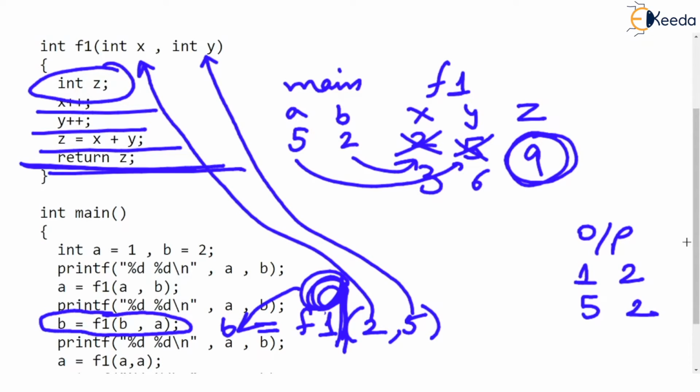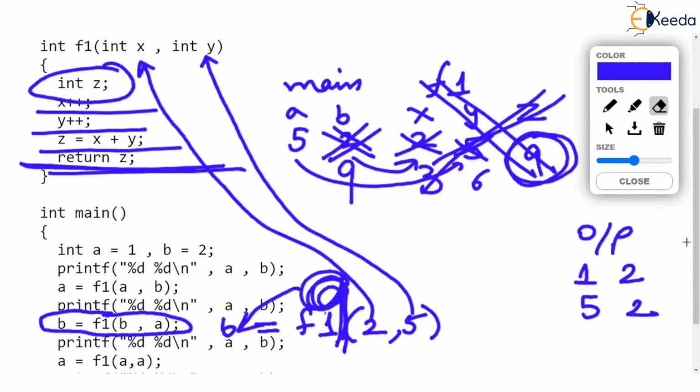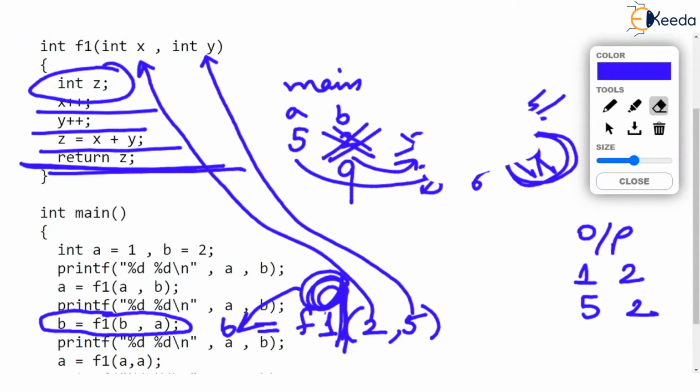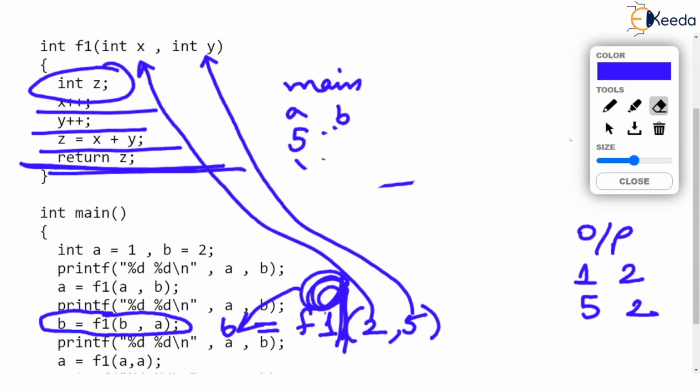That means in main, look at the table now. In main, I am updating B as 9 and the function is finished. Function is over. So it deletes all its local variables and local parameters. It's time to again clean a few things that your teacher has scribbled on the screen. As usual, the habit goes.